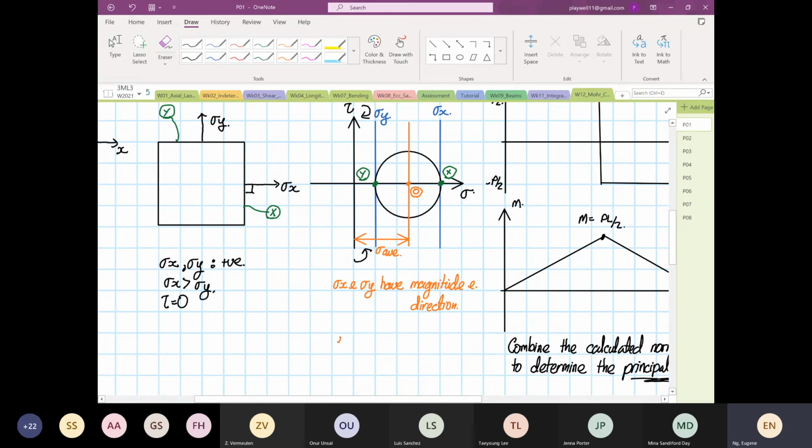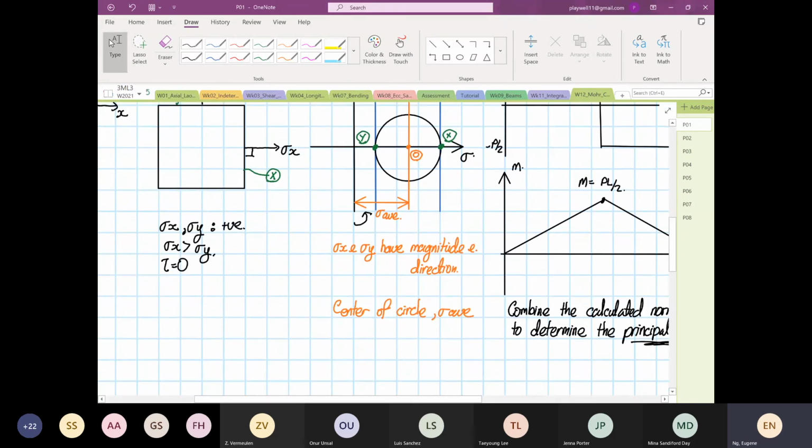The center of the circle is known as our stress average. Just remember the center of the circle is your stress average. So stress average is equal to stress X plus stress Y divided by 2.